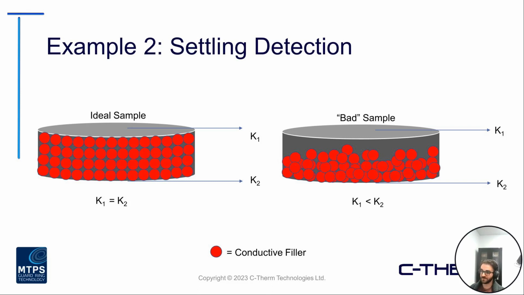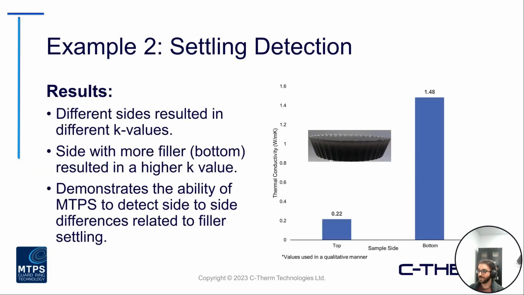In that case, whether you measure the top or the bottom side, your conductivity results should be essentially identical. However, in the case that we're looking at, more of a non-ideal or bad sample, we're expecting to see that the K2 values, so the K measured on the bottom side, will be larger than that of the top side. And that's exactly what we saw.